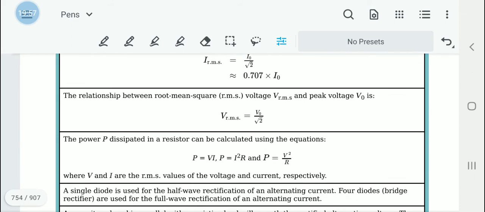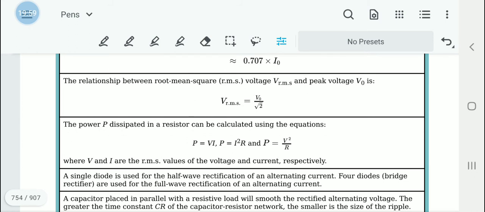Then we learned in an earlier video that power can be equated to these values if we take the Vrms and Irms values for AC current. It is taking the average, so P equals VI, P equals I squared R, and P equals V squared upon R can be used for all of these.